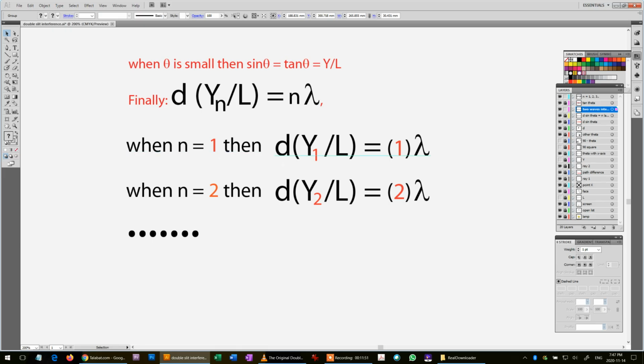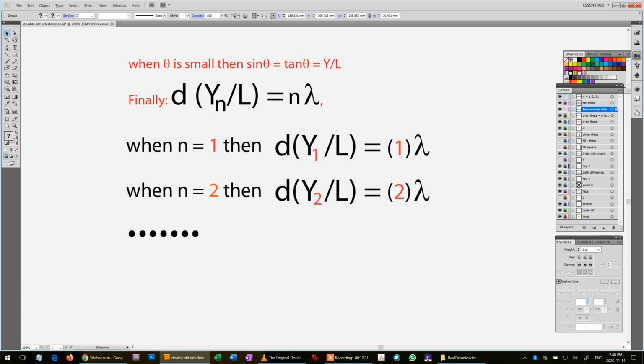So when n is equal 1, then d y1 over L is equal to 1 multiplied by lambda. When n is equal 2, then d, we look at the second spot, and we divide it by L, and we multiply it by lambda. You will realize very fast that the distance between the origin and the first spot, let's say it's 3 centimeters, we will find that the distance between the original spot and the second bright spot will be 6 centimeters.